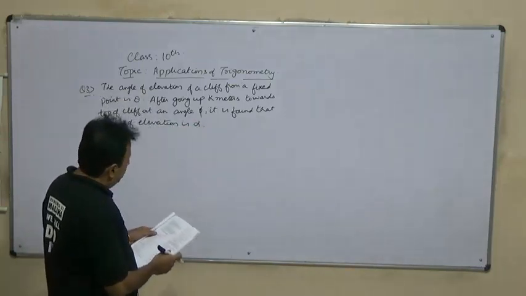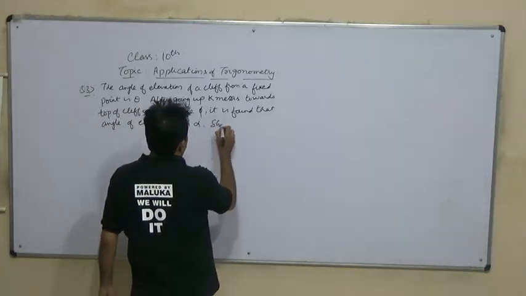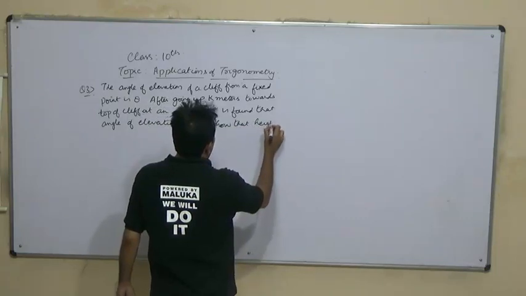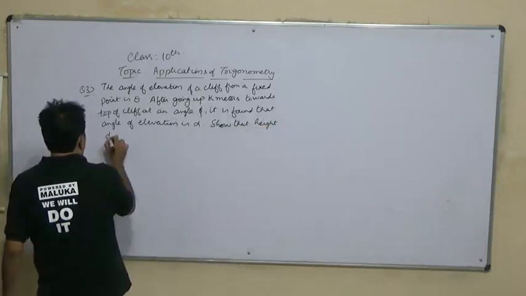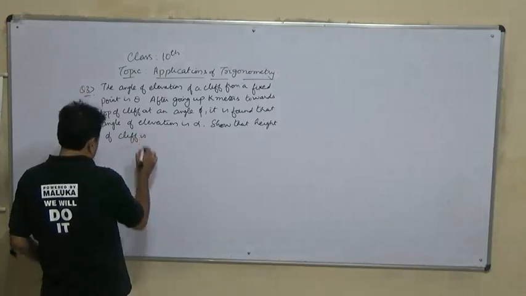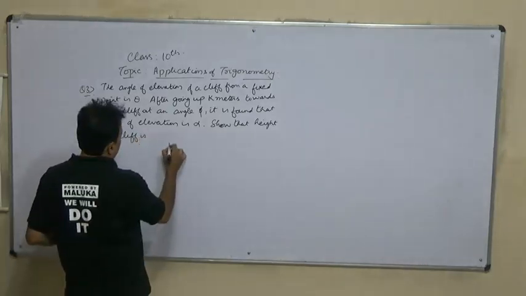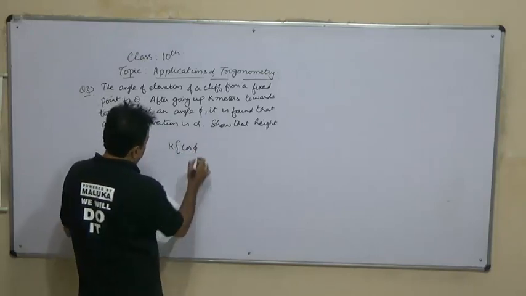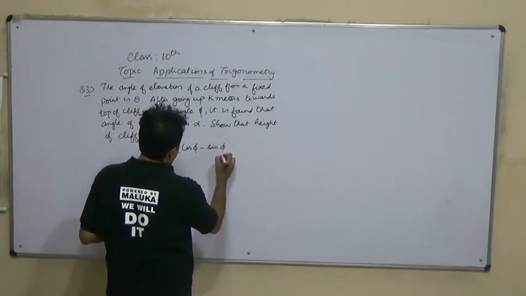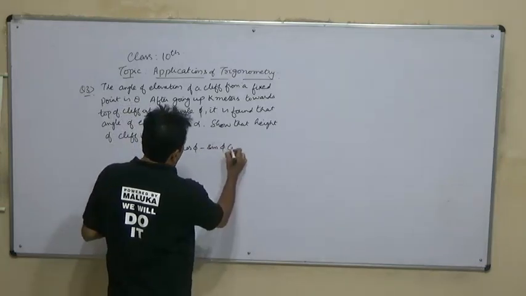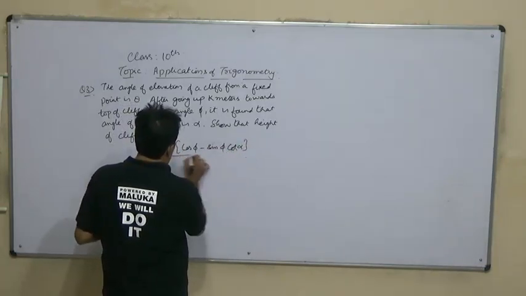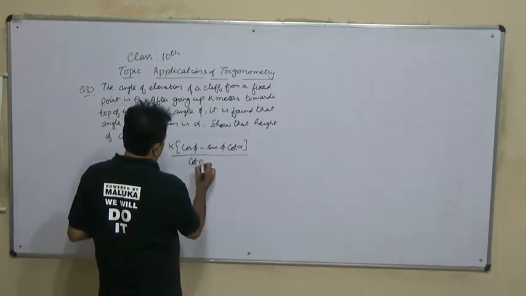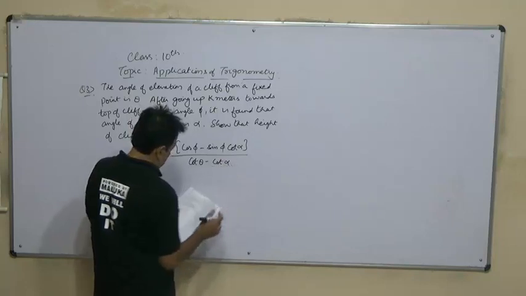Show that the height of the cliff is k cos phi minus sin phi cot alpha upon cot theta minus cot alpha meters.